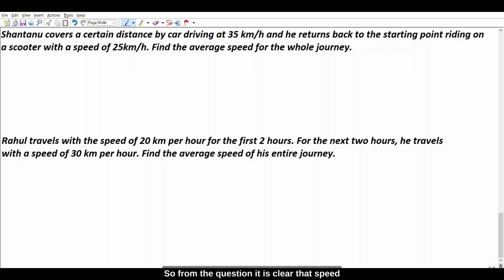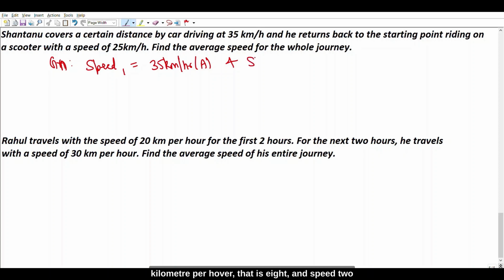So from the question it is clear that speed 1, that is A, is equal to 35 km per hour, and speed 2 is equal to 25 km per hour.